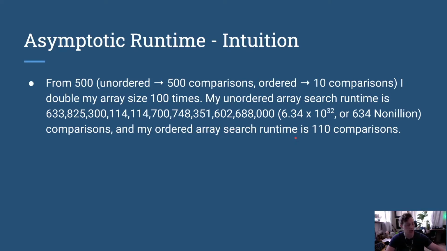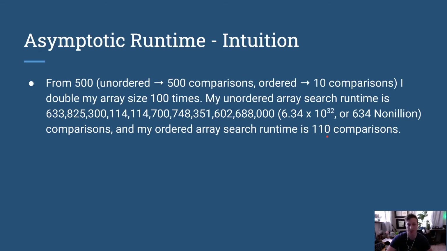Yeah, and that's right, 110 checks for an array with this many elements in it, given that it's an ordered array, right? So again, discounting the fact of actually sorting the array, we're just trying to get an intuition of how powerful asymptotic analysis is, right? So we go from something that's completely impossible to something that can be done extremely quickly, just by using the right algorithm.